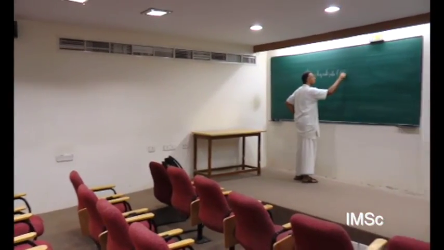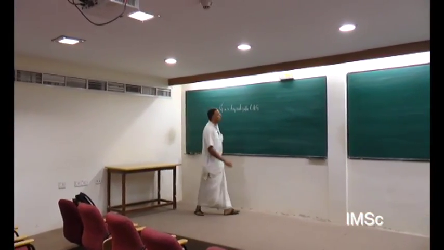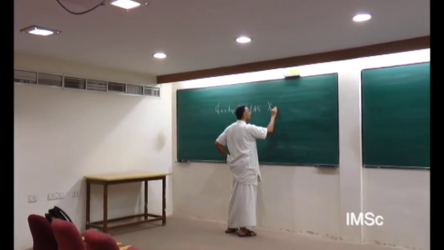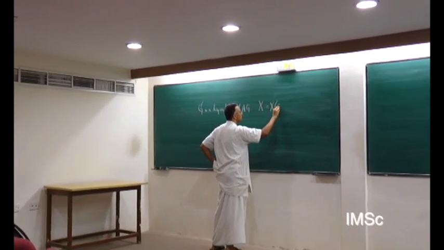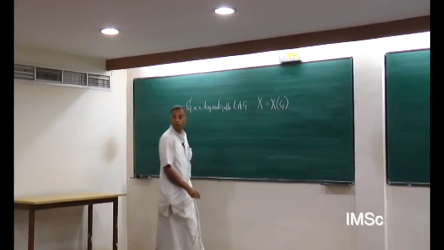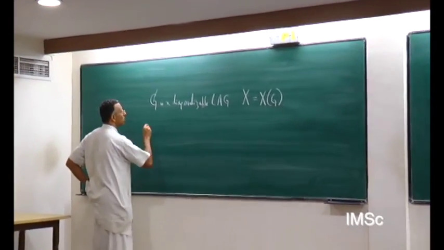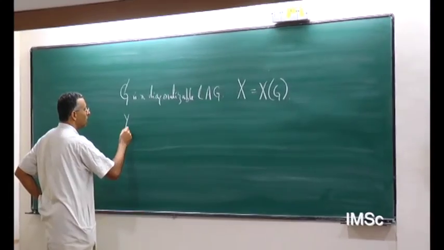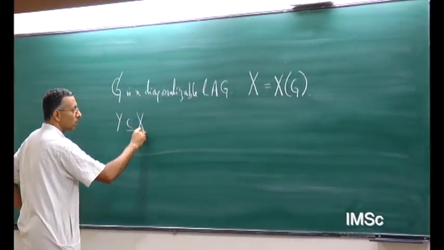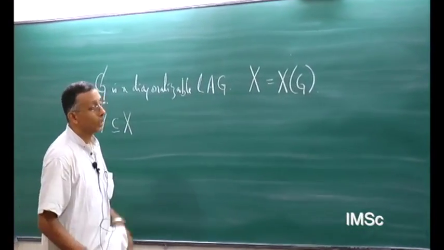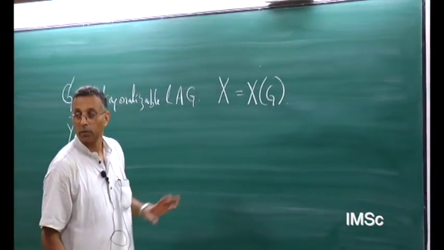G is a diagonalizable group. X is the character group of G. So Y, this is a finitely generated abelian group with no p torsion.